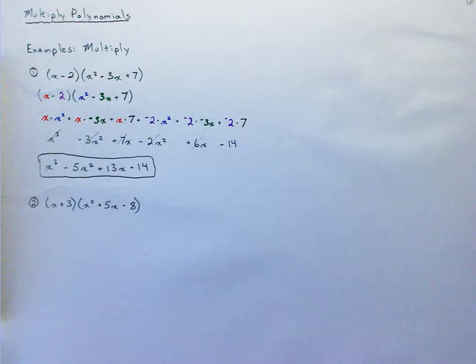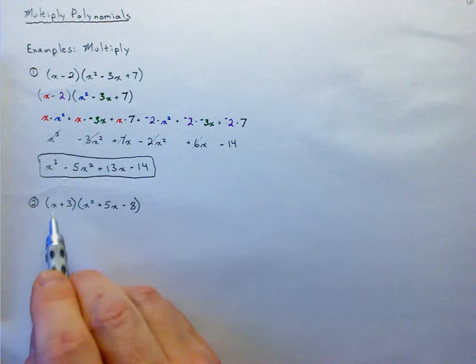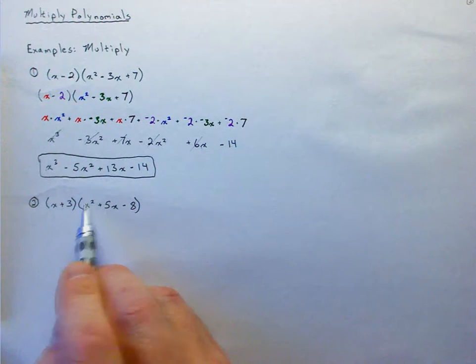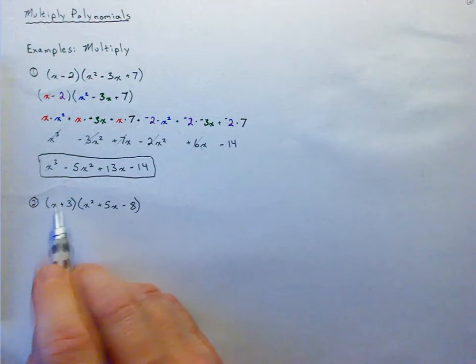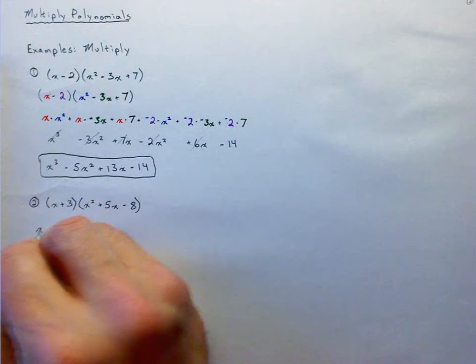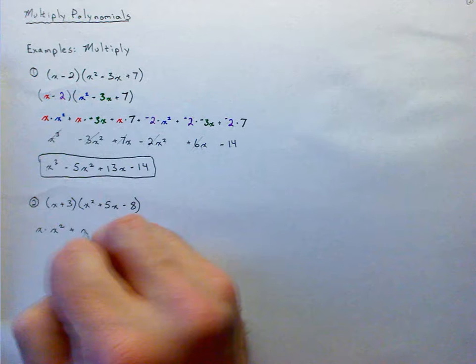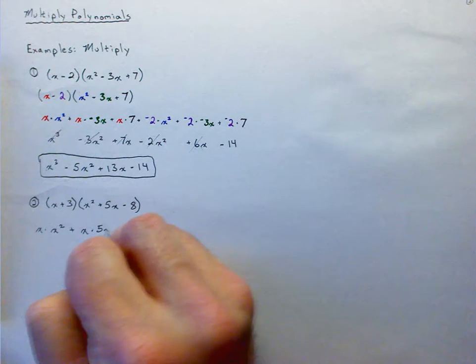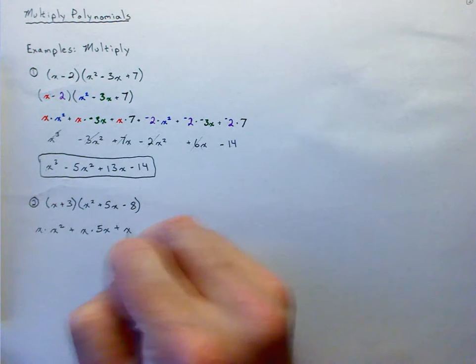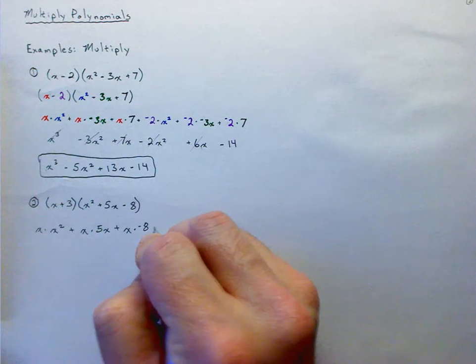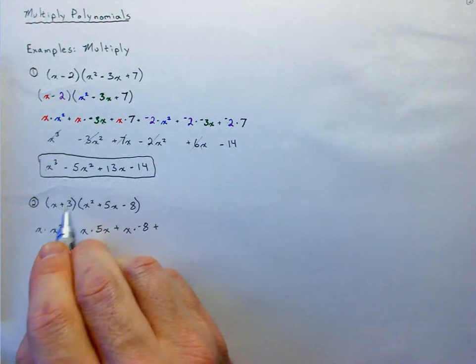So if you would like, pause the video, work the problem right there, and let's see if we get the same answers. Okay. I'm going to take my x and distribute it to all three terms in that trinomial. So I'm going to have x times x squared plus x times 5x plus x times a negative 8 plus, now I'm going to do my 3.